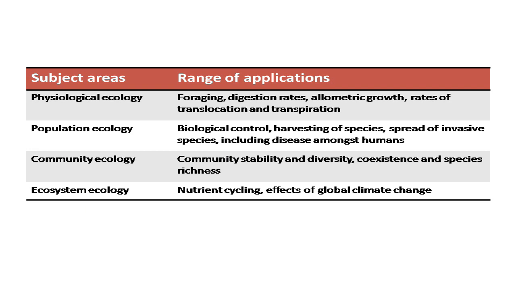At the community level, you can use models to understand stability of the community and diversity, how different populations coexist together, and their role in species richness. And finally, at the ecosystem level, there's application in terms of nutrient cycling and, as I've mentioned before, effects of global climate change in different ecosystems.